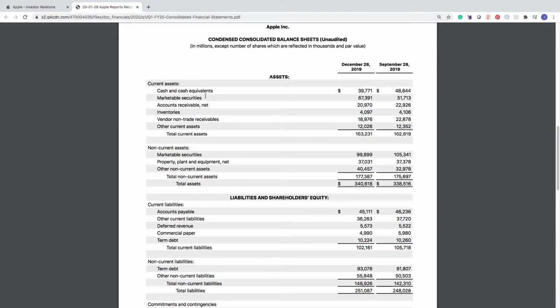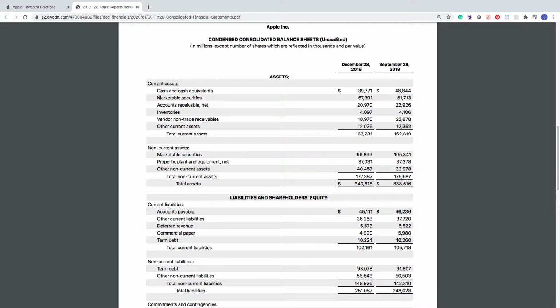Now, this is an asset because Apple can use this cash to buy a new factory, allowing it to make more money in the future, or to go out and acquire some competitor. So it's a very useful asset to have, which is why it's an asset. So we can see as of the end of December, Apple was sitting on around 40 billion of cash.